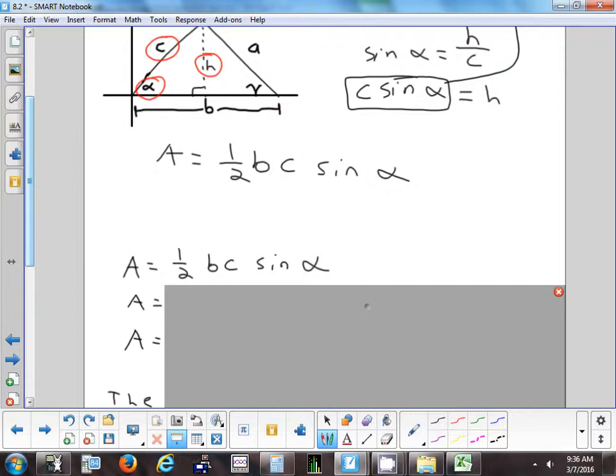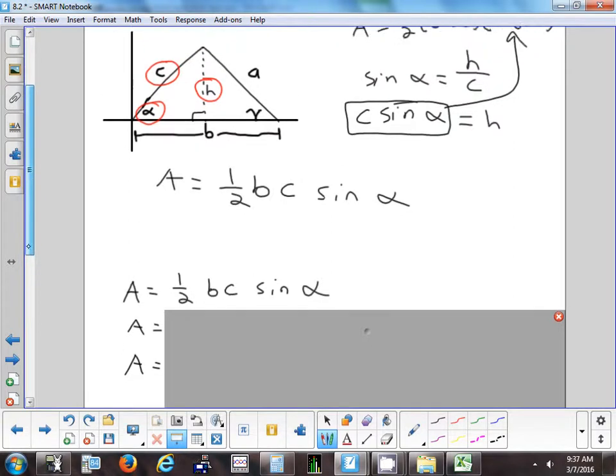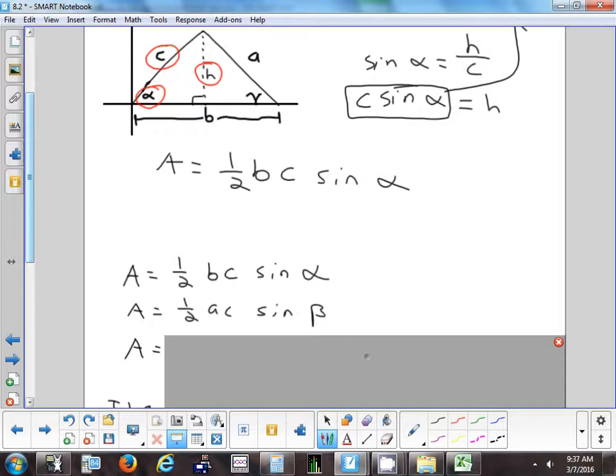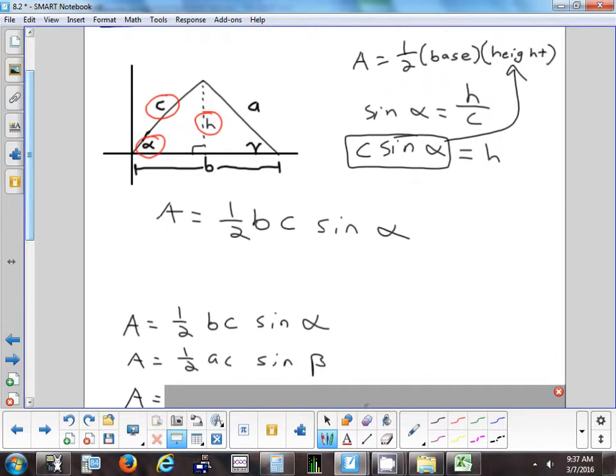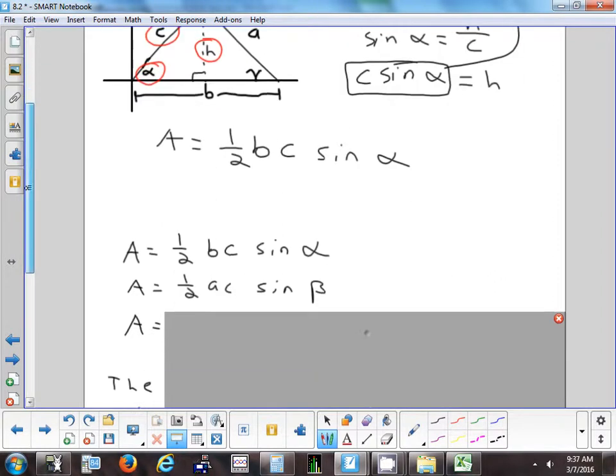Anybody think they can give me another version? 1/2 A times C sine beta. Yep, 1/2 AC sine beta. You've got A, you've got C, and beta would be that angle right there.